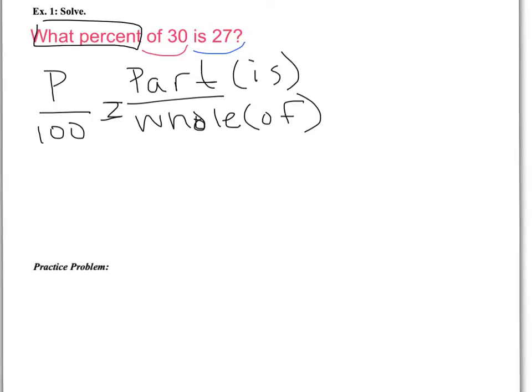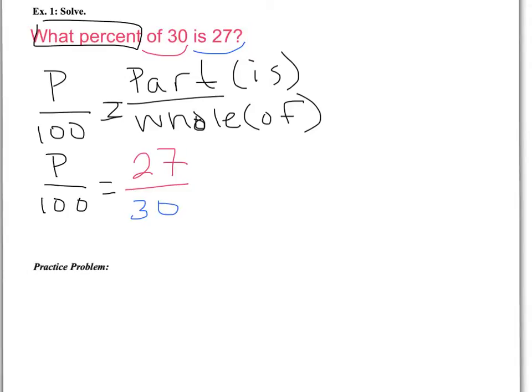So now I'm going to plug in all that information into our percent proportion. p is going to remain our variable to represent our percent. Then our part goes on top, so I'm going to put 27 there. And 30 is our whole, so it's going to go on bottom.